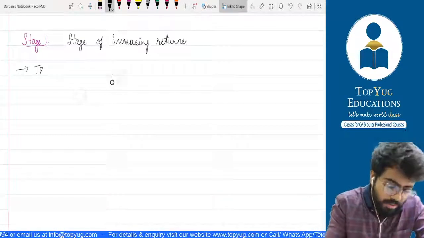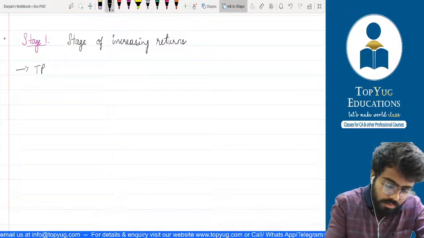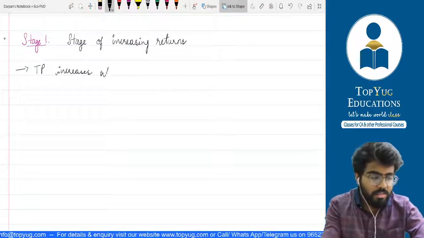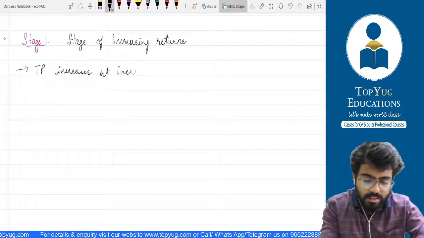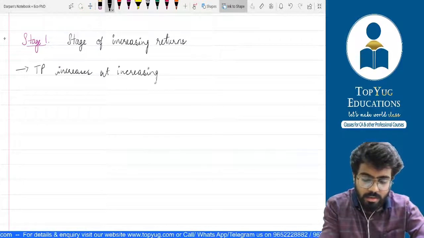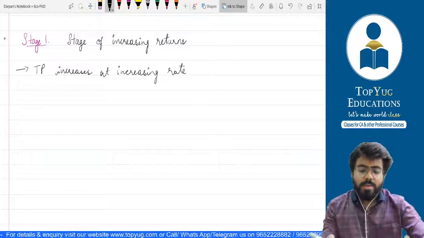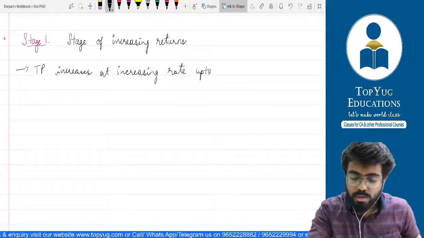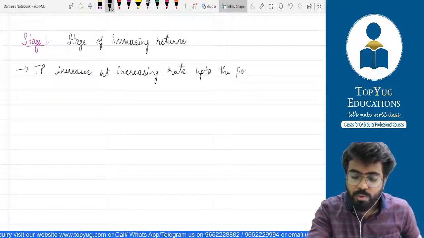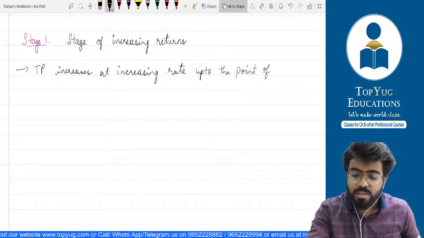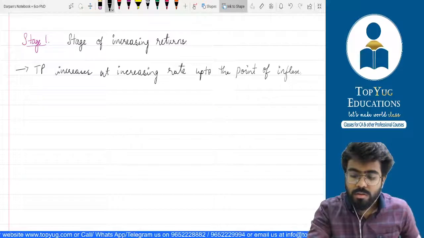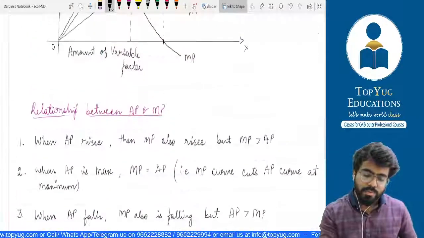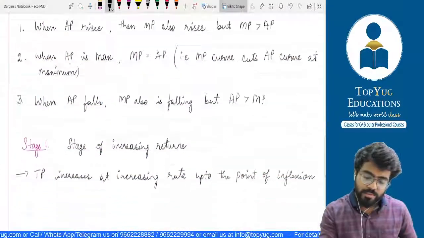TP increases at increasing rate, right? What is happening to TP? It is increasing at an increasing rate up to what? Up to the point of inflection. What was the point of inflection that we defined?